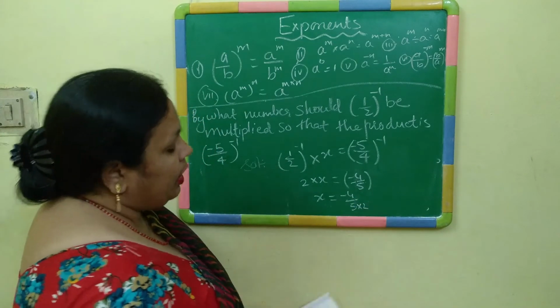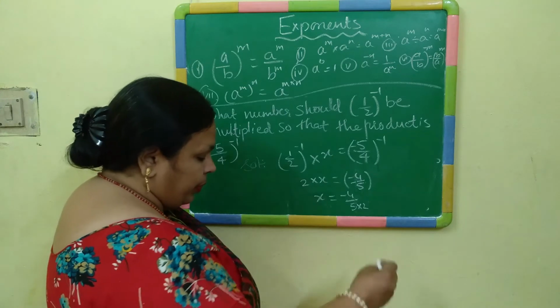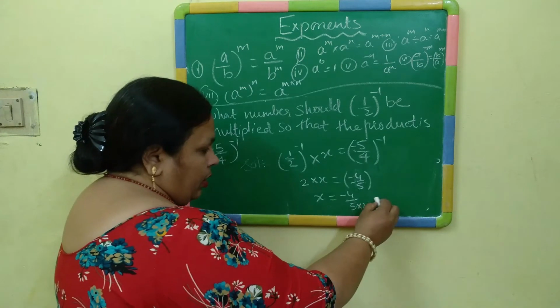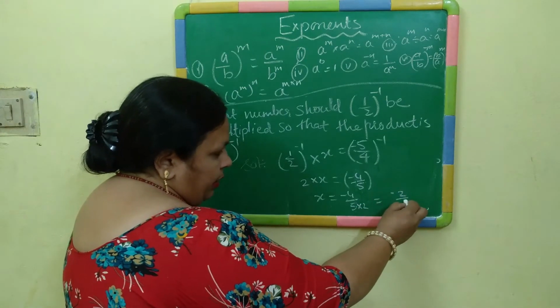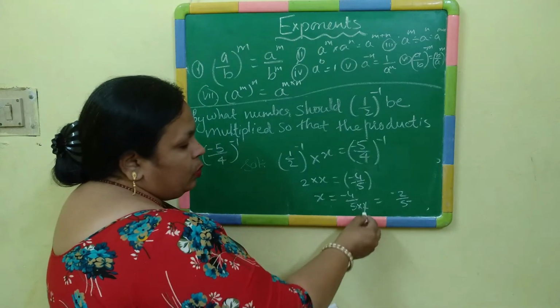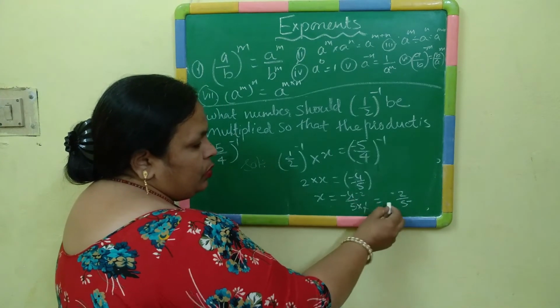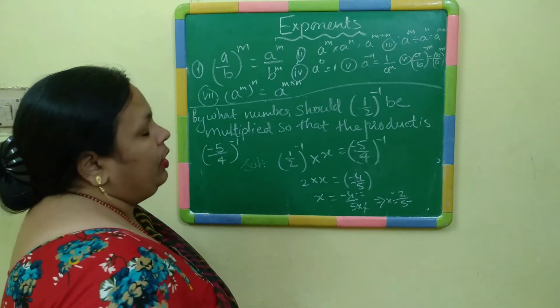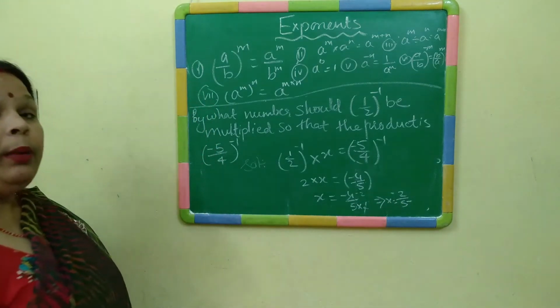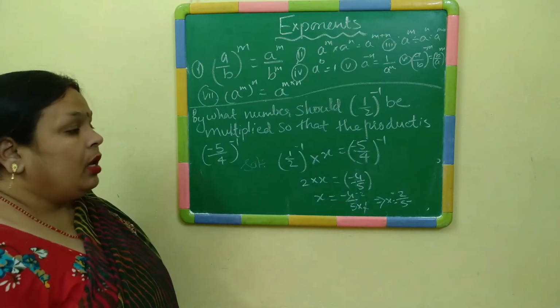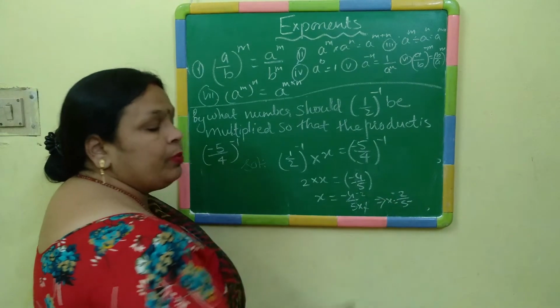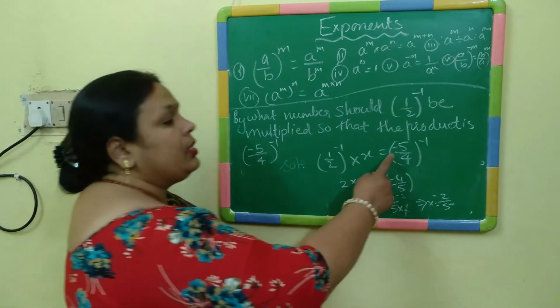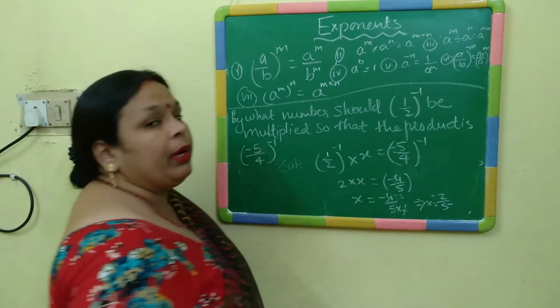That means x is equal to minus 2 by 5. How is it? 1 and minus 2. So this implies x is equal to minus 2 by 5. That is, when (1 by 2) power minus 1 is multiplied by minus 2 by 5, we will get the answer as (-5 by 4) power minus 1.